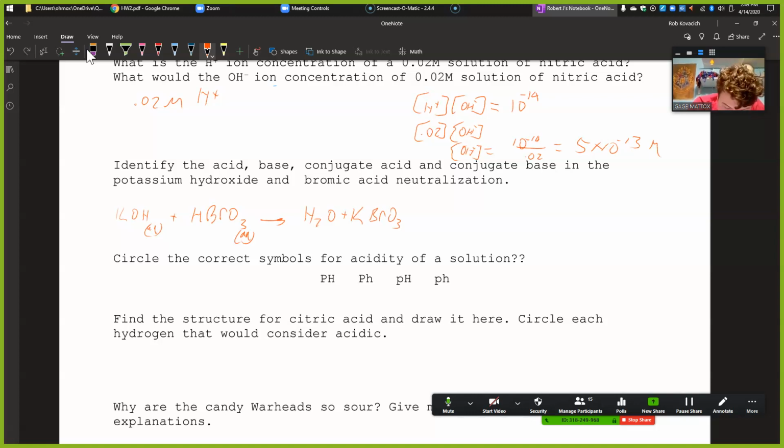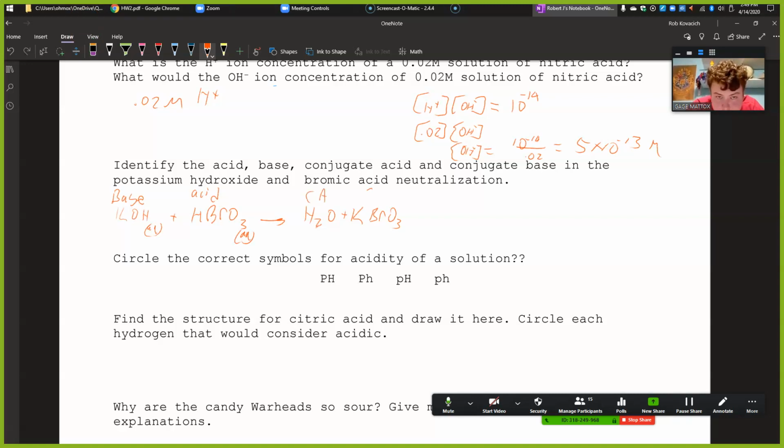So who has to be the acid? HBrO3 is the acid. The base is KOH. The conjugate acid is water, and the conjugate base is KBrO3.